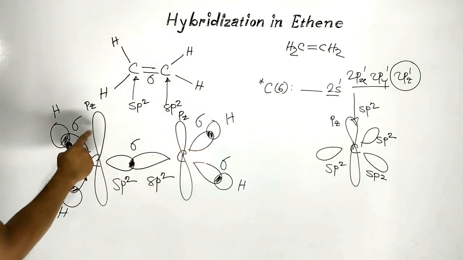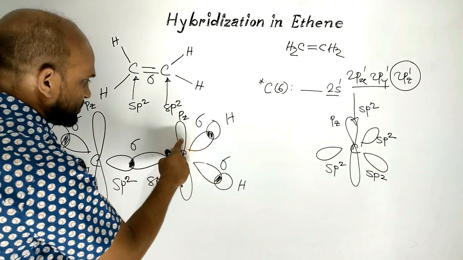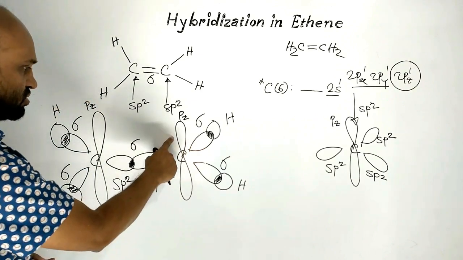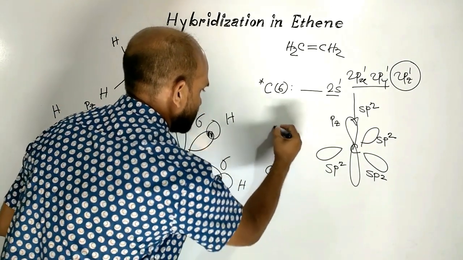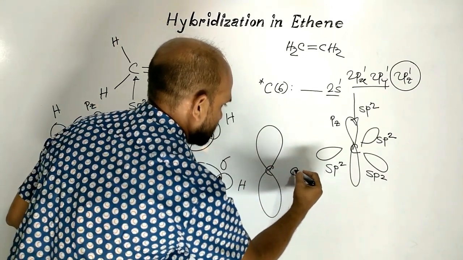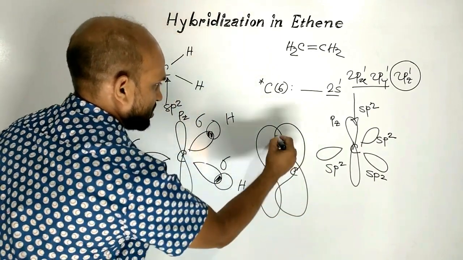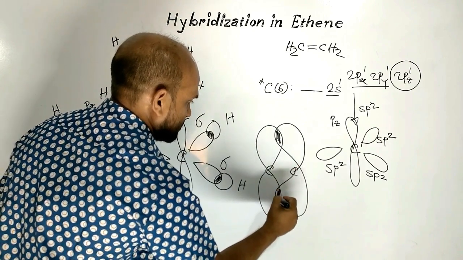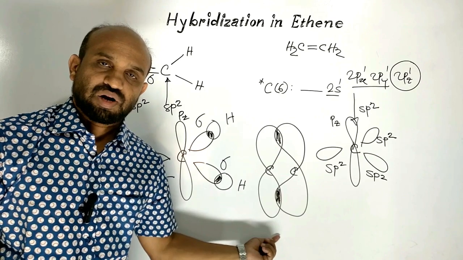Now, this unhybridized pz orbital overlaps unhybridized pz orbital of this carbon, like this. In this way, pz orbitals overlap.